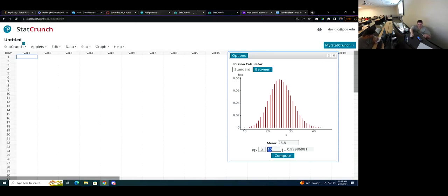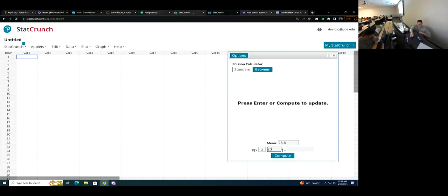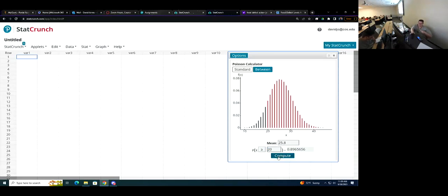At what point do I start going, okay, there's not that many? We're not there yet. 20 is 0.8966. And if I were to say that in percentages, I would say approximately 90%. There's a 90% chance your Hershey bar has at least 20 insect parts.